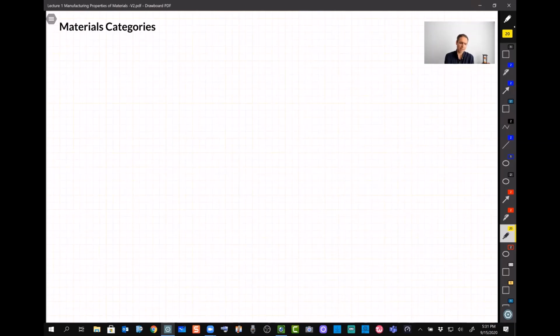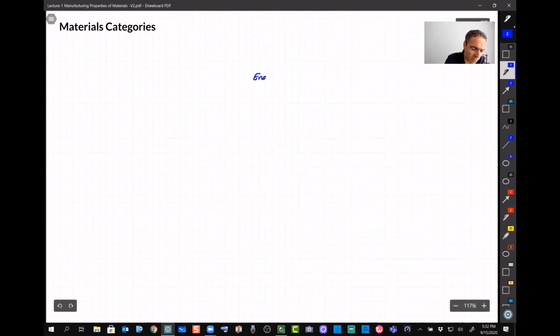So again, 4 categories of material, and remember, we're not going to talk about the natural materials such as wood or leather or wool or other things. No, we are talking about engineering materials. So engineering materials, I can categorize them into basically 4 categories.